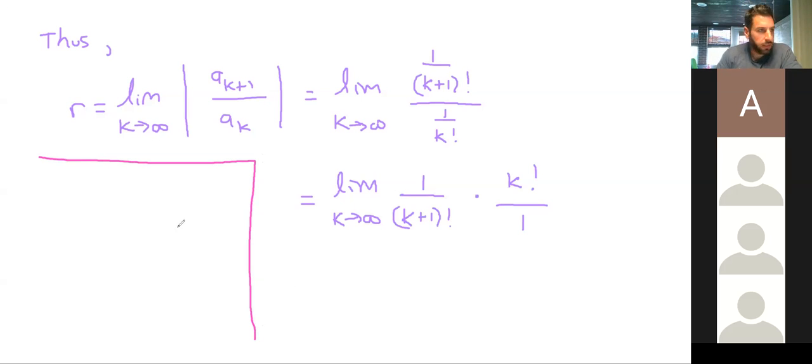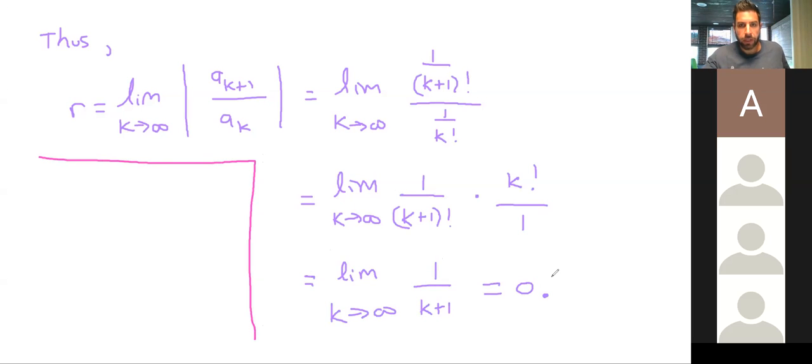Because this thing simplifies to nothing more than the following, and this limit is 0. But let's go over here because it might not be clear to everybody why.